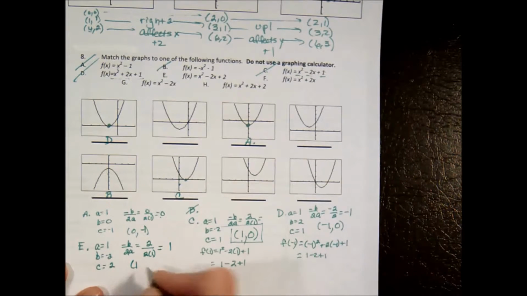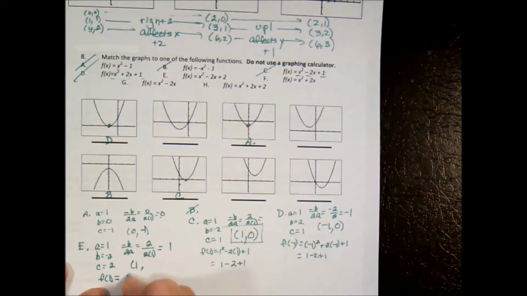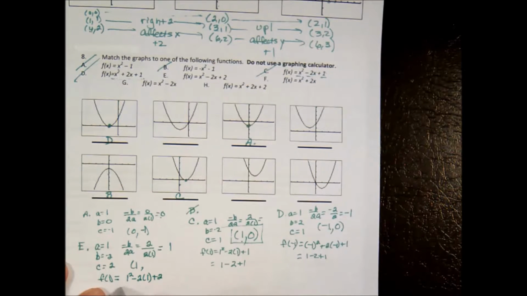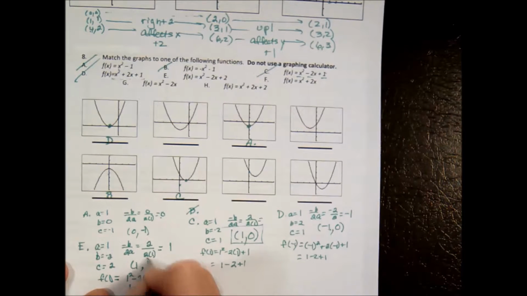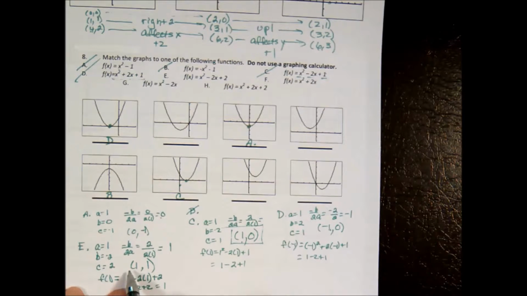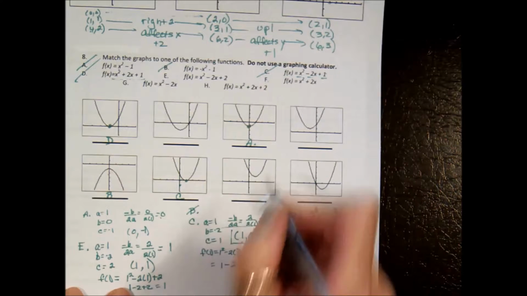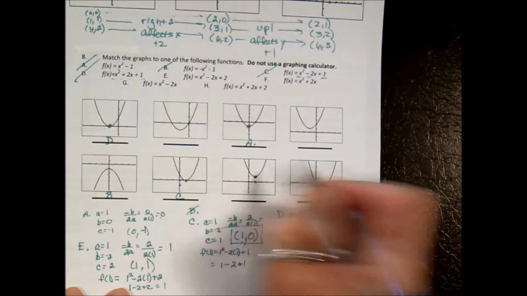Now I need f of 1 in that equation, which is going to be 1 squared minus 2 times 1 plus 2, or 1 minus 2 plus 2, which is 1. So I'm looking for the one whose vertex is at the point 1, 1, and I believe that one is right here. So this is E.